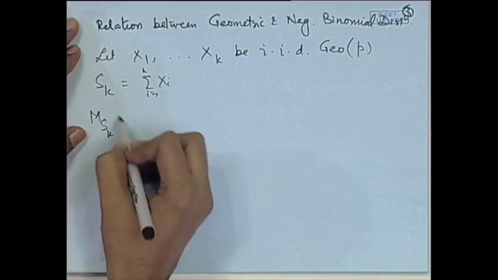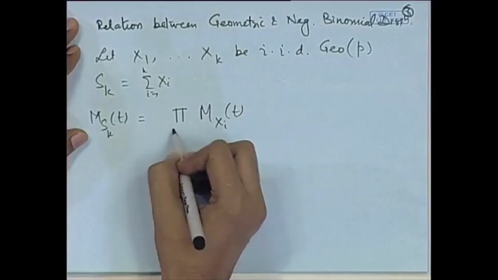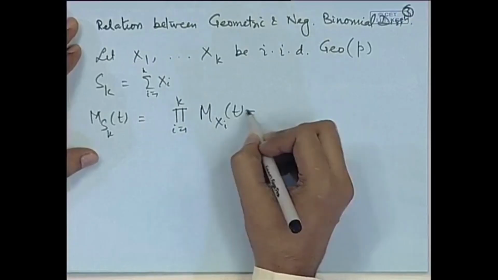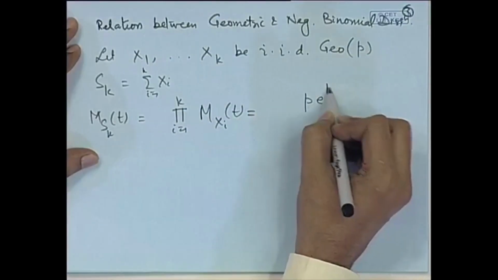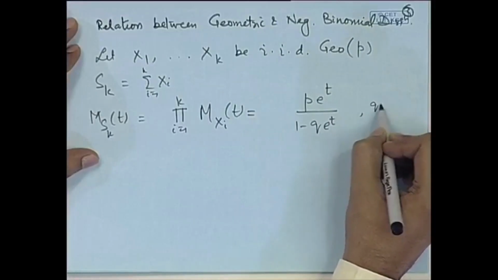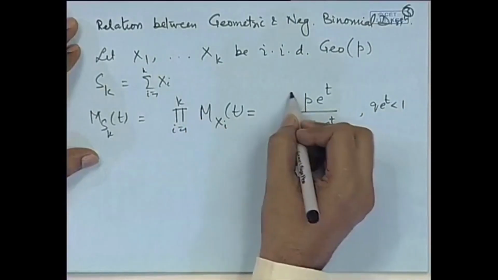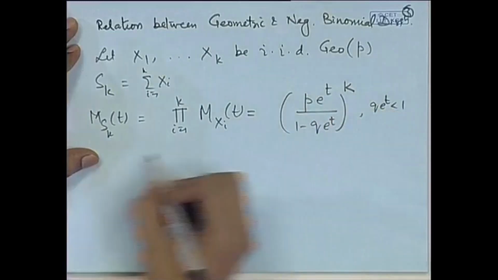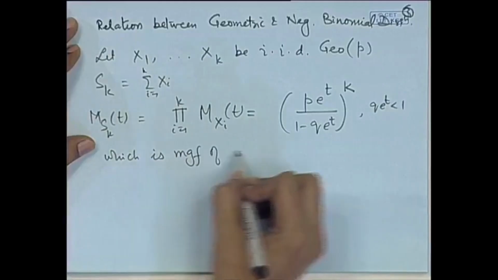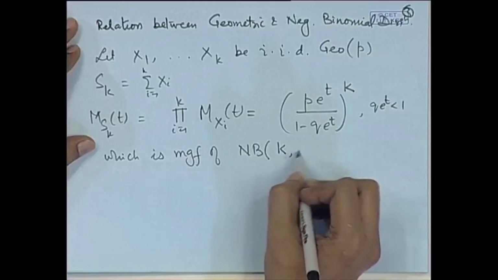Looking at the MGF of Sk, the MGF of a geometric random variable is p e^t divided by (1 minus q e^t), where q e^t is less than 1. When we multiply it k times, this becomes the power k, which is the MGF of a negative binomial with parameters k and p.